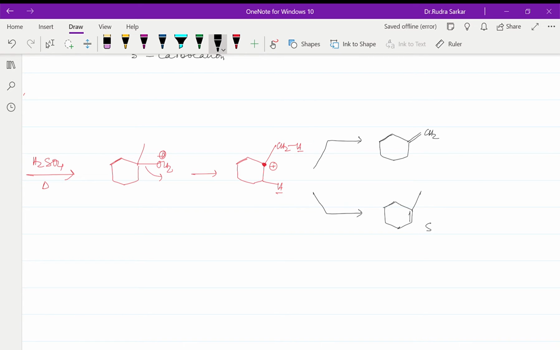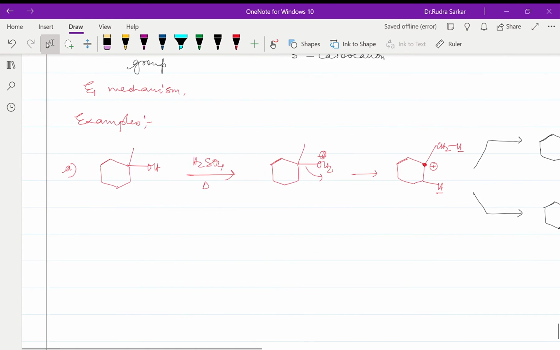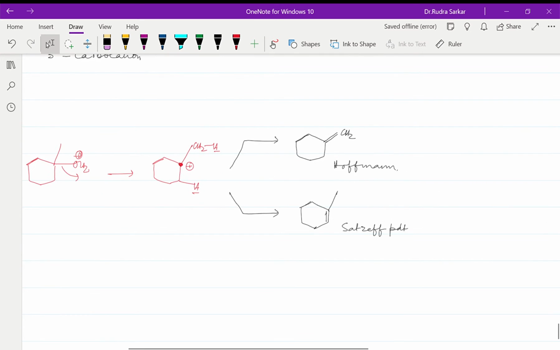So this is my Zaitsev product, and this is my Hofmann product. And whenever we are forming alkenes via dehydration of alcohols, my Zaitsev product is the major product. So this will be the major product, and this is my minor product.